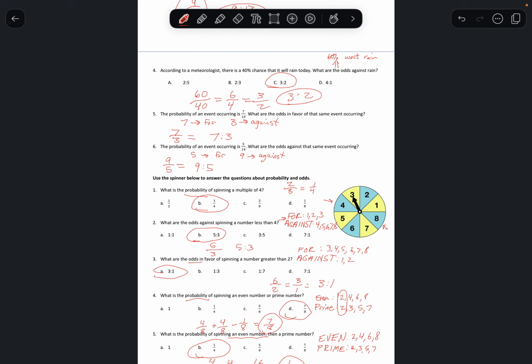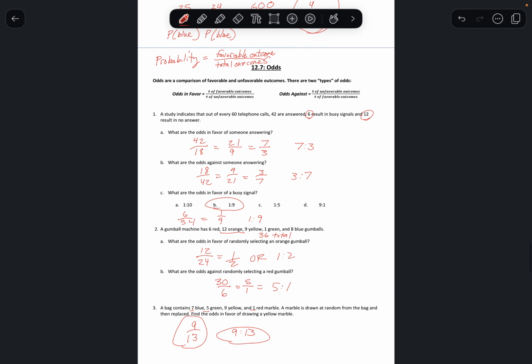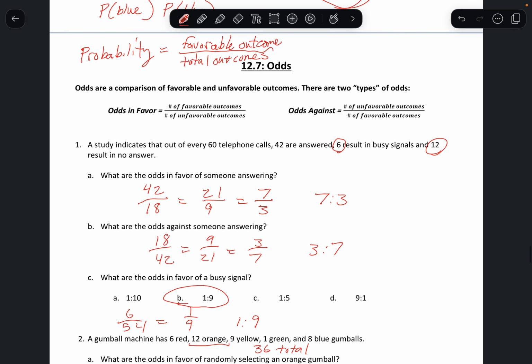Odds are comparing favorable options to unfavorable options, or unfavorable options to favorable options, depending on whether we're looking at in favor or against. So just be careful about that. It's not something super complicated, but make sure you're clear on whether you're doing odds or probabilities when you're looking at each of those individual problems.